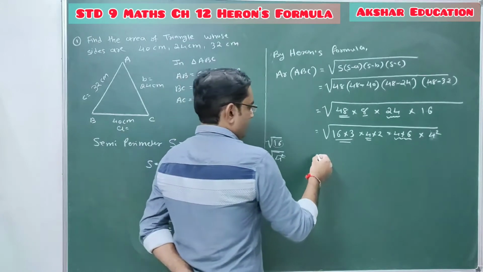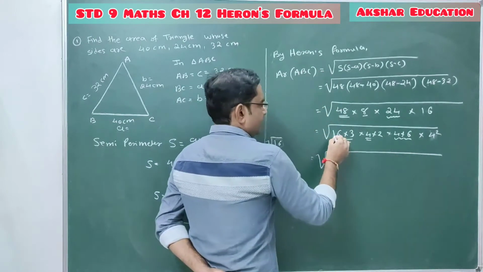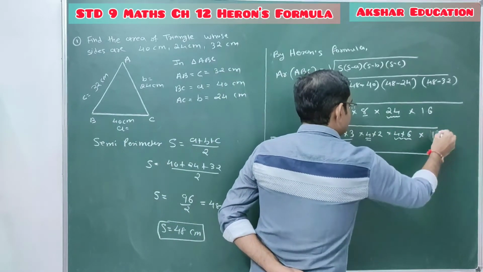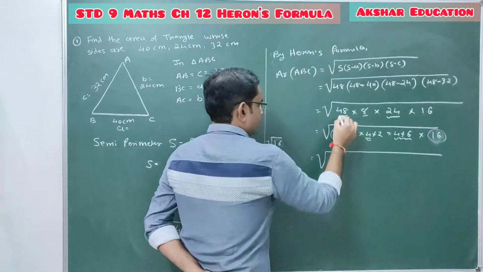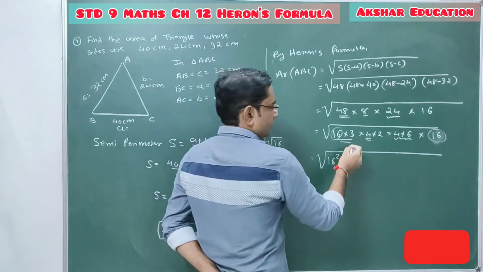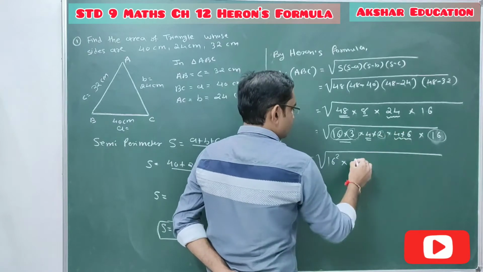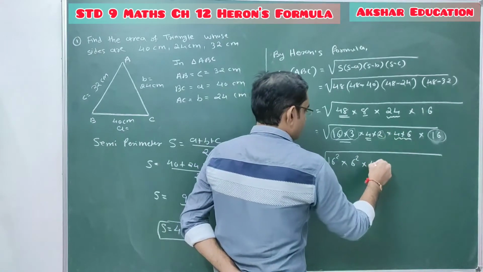So now you can note that this 16 is 4 square, so go ahead with 16. So 16 into 16 is 16 square. Now this one: 3 times 2 is 6, into 6, so it's again 6 square, and this one is 4 into 4, 4 square.